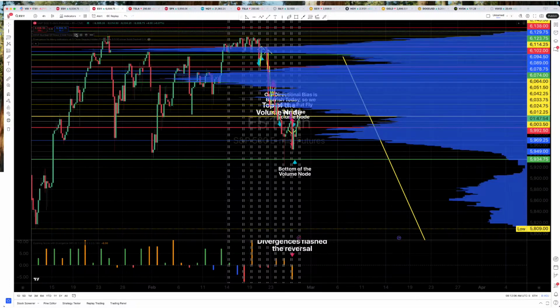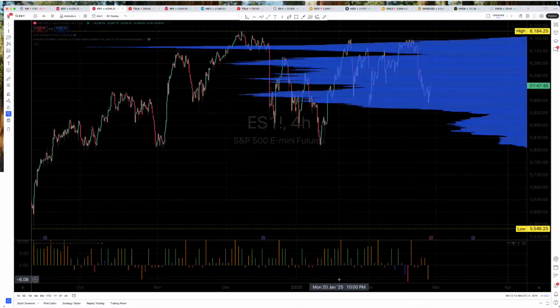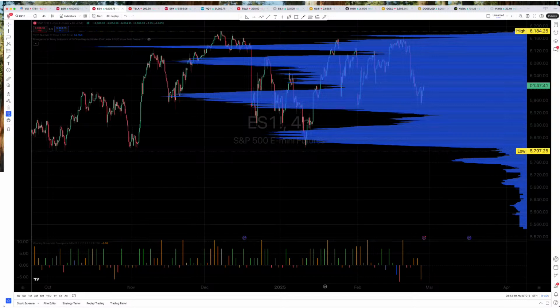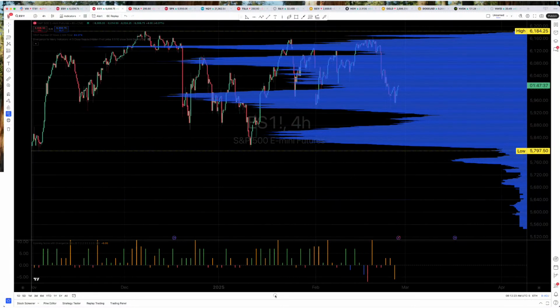Turn on the volume profile. Get rid of the chicken scratch. See, this is why you have to get all the profile in, because if you don't have a good view of what's going on. So we can get rid of most of this here.